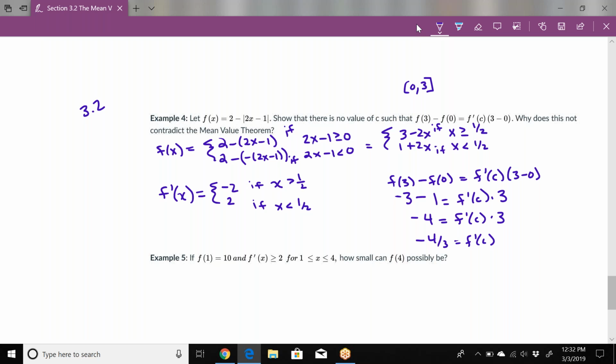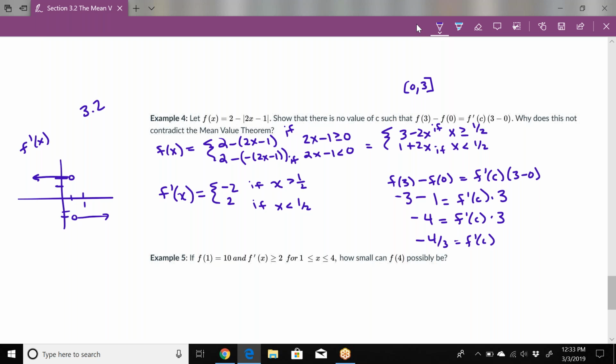There is no way that this could be part of this derivative function, because this has no x's involved; it's just two values. If you remember when we graph, at x equals 1/2, this is the derivative function here. From the greater than side, you're at -2 forever, and on the less than side, you're at positive 2 forever.